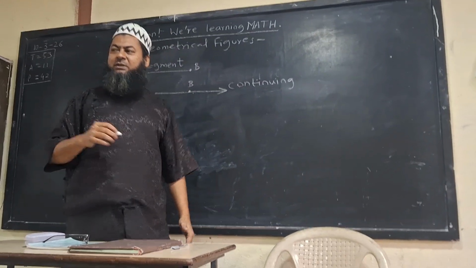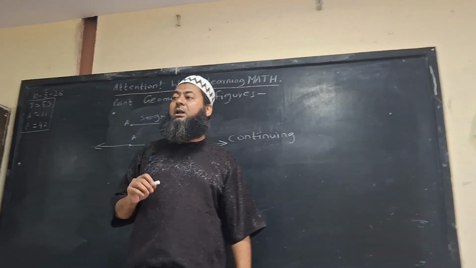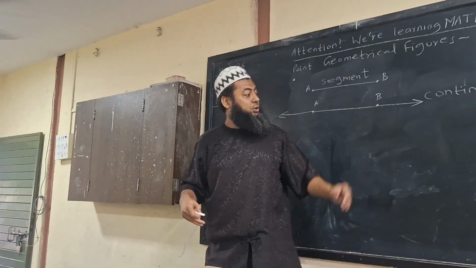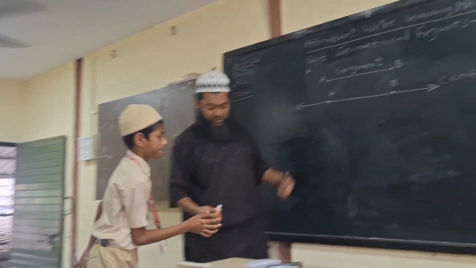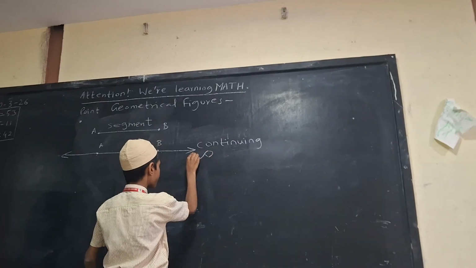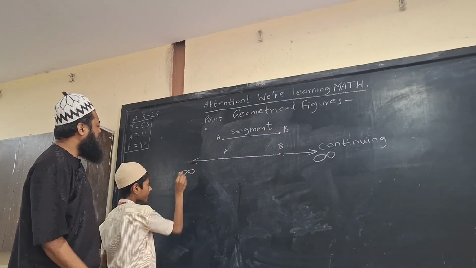Can somebody tell me what is the symbol for infinite? Symbol. You know symbol? Come and show me. Show me the symbol here and show me the symbol there. Well done.